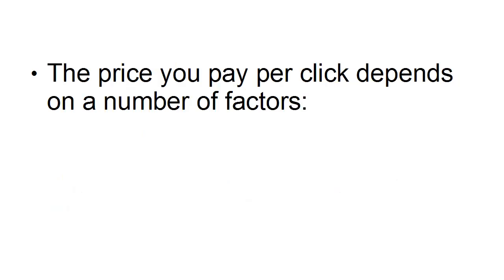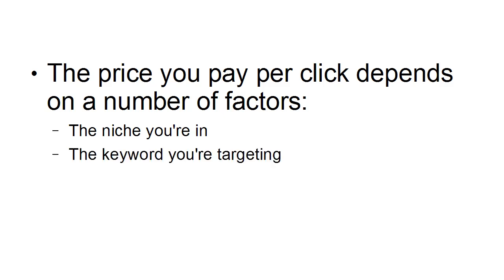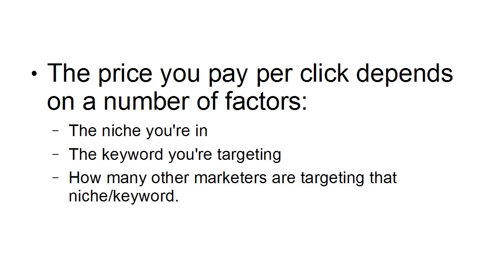Now, the price that you're going to pay for each click depends on a number of different factors. It depends on the niche that you're in, the keyword that you're targeting, and how many other marketers are targeting that niche or keyword. Now, pros and cons to both, of course.